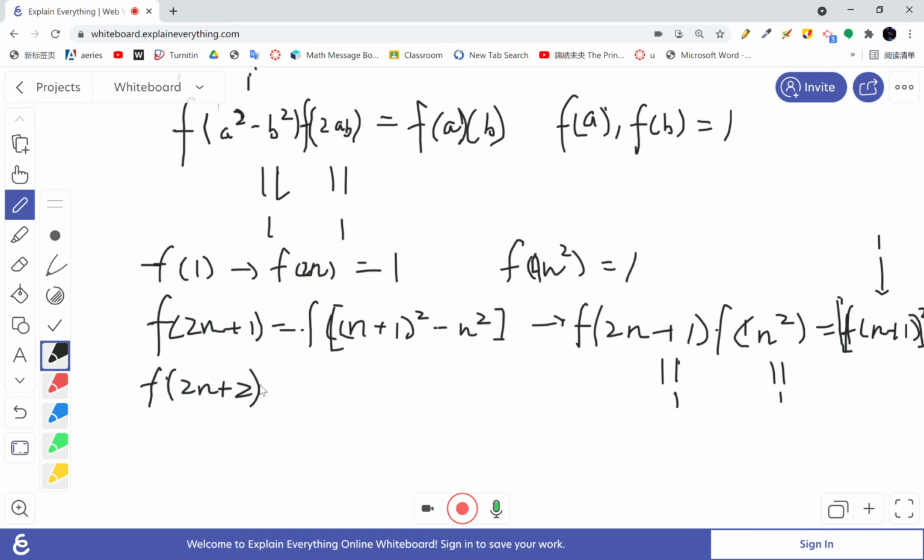So we can write this as difference of squares, then this is going to work. So f of 1 to f of 2, and then f of 2n plus 1, f of 2n plus 2. So that these two are equal to 1, right?